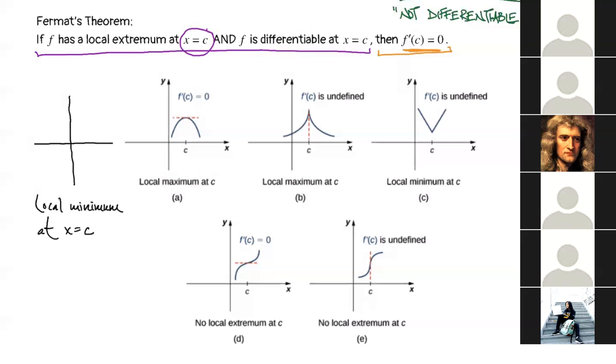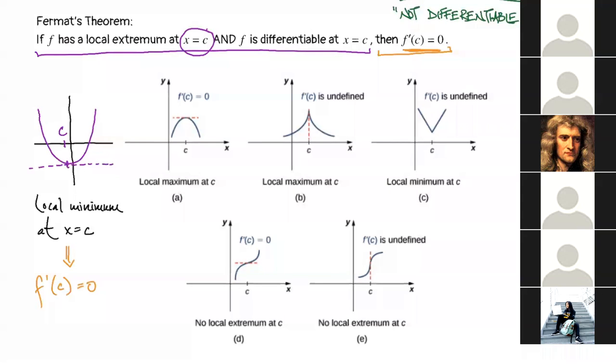So it could even be over here, where maybe c is right here. And the slope here at c is 0. So there's a local minimum that checks the first box, and it's smooth at x equals c, so it's differentiable. Then what do we know? We know that the derivative at c is equal to 0.